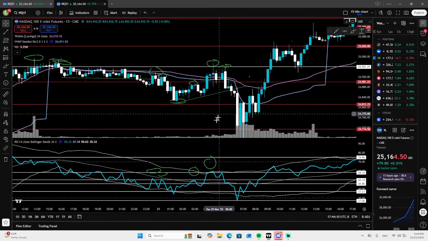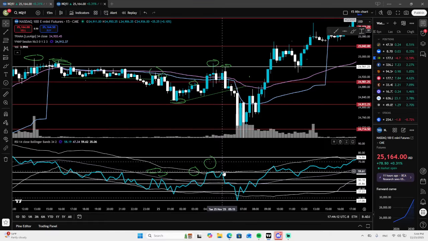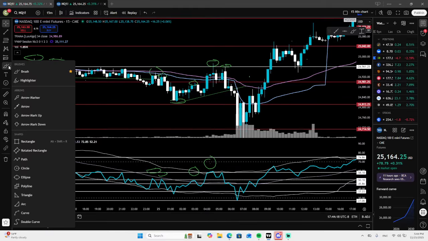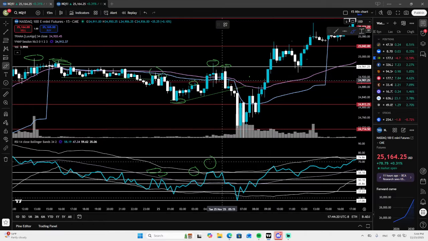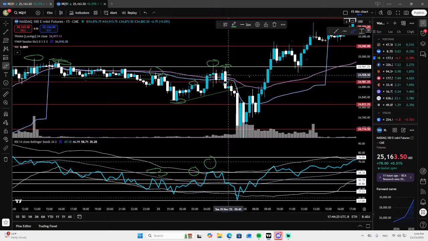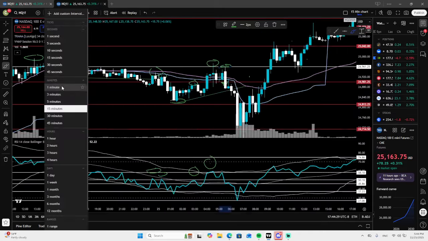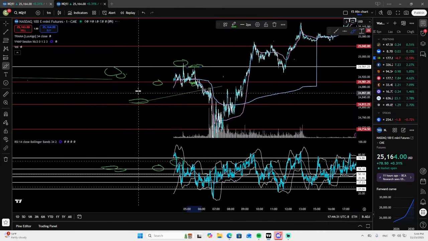So just because the divergence forms doesn't mean you have to catch the top of the divergence, right? You're playing the continuation of the rejection of that divergence. Because say you enter here, right? Like anywhere around this area. You could just have a stop at these highs. Or if you wanted a tighter stop, you come over to your 1 minute and look at your 1 minute highs.